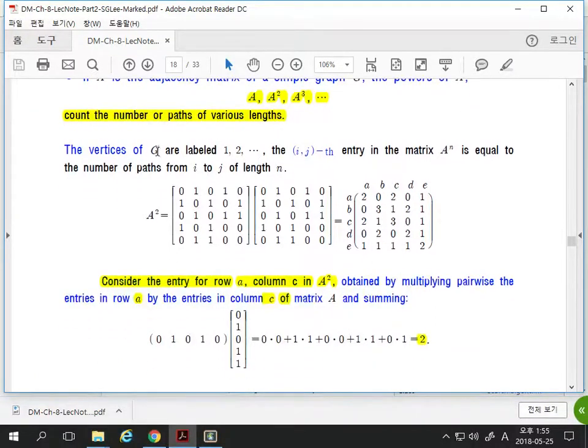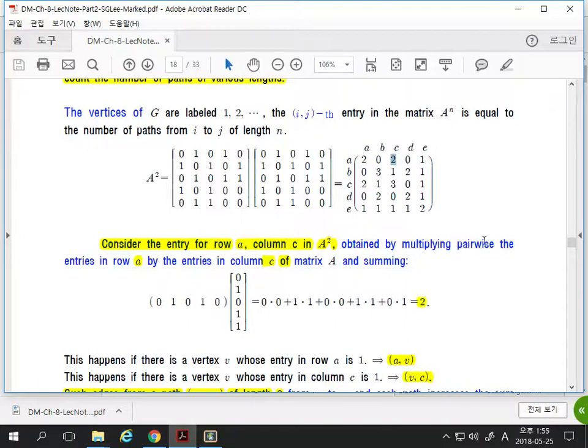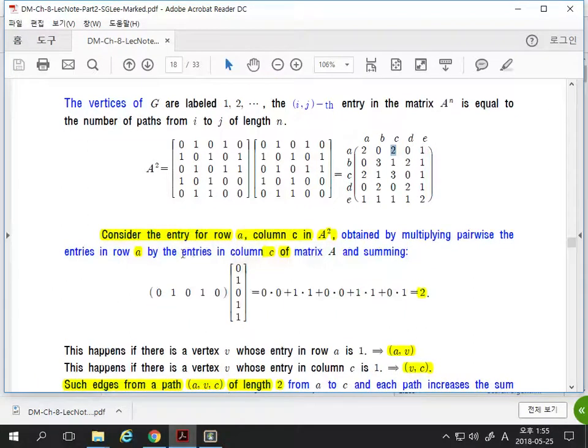For example, consider the entry for row A and column C in A squared. Here we have 2, the number obtained by multiplying pairwise entries in row A and column C, like this. We have 2 here.